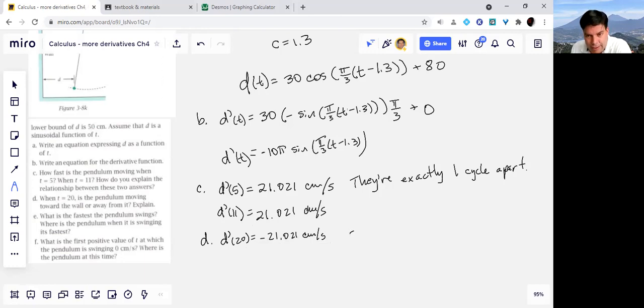So, since d prime of 20 is negative, the pendulum is really reducing its distance from the wall. So if it's reducing the distance from the wall, it's moving towards the wall.